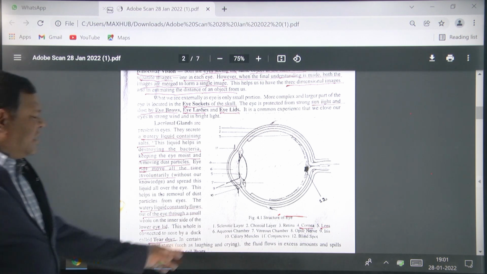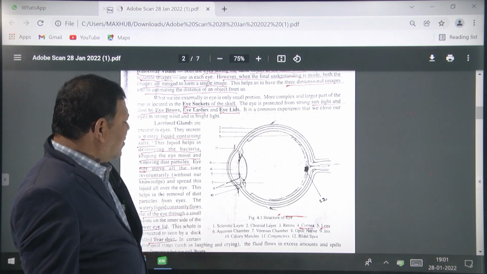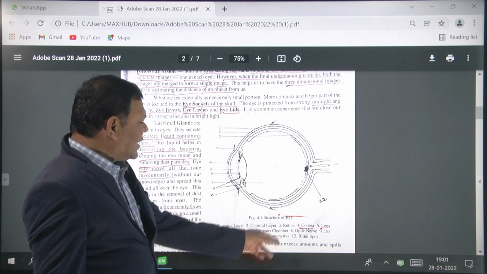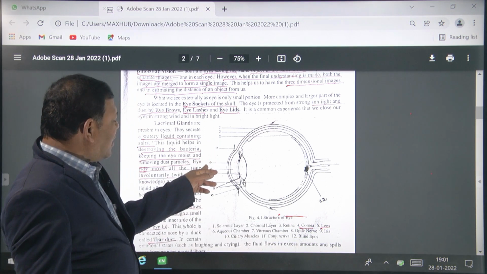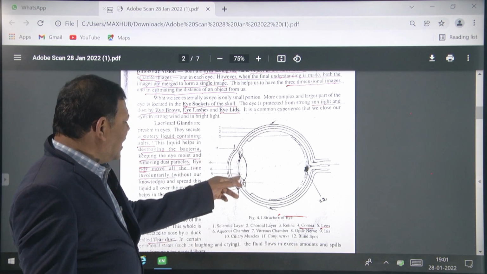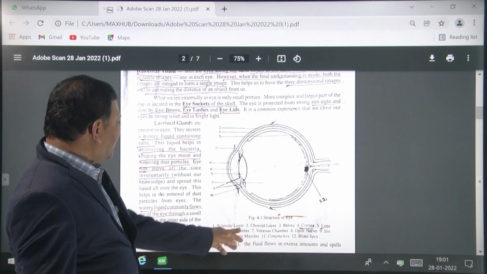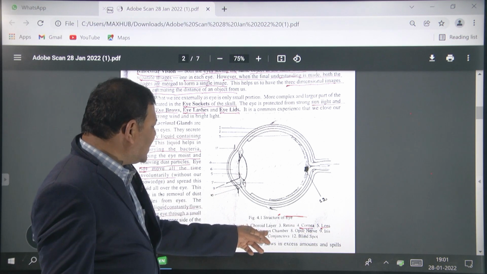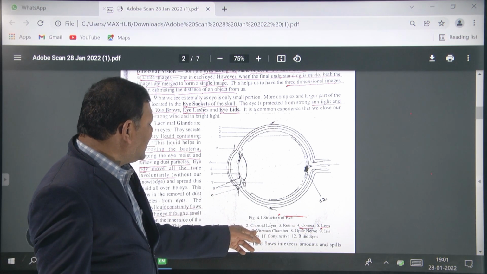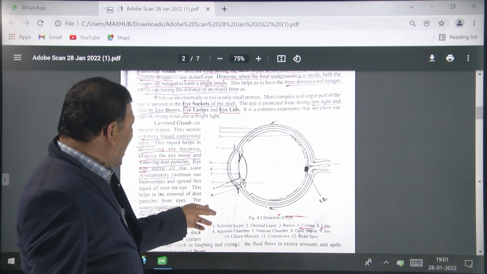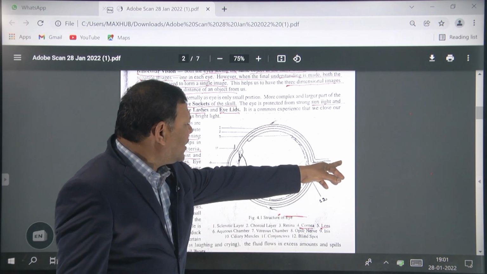First one is the sclerotic layer, choroid layer, retina. Fourth one is the cornea. Fifth one is the lens. Sixth one is the aqueous chamber. Seventh one is the vitreous chamber. And eighth one is the optic nerve.